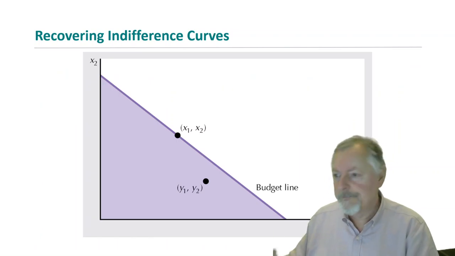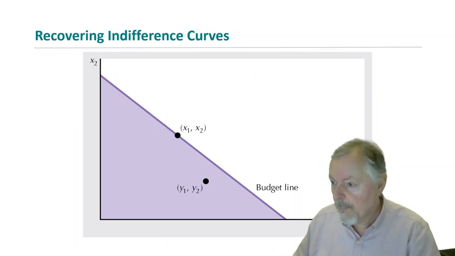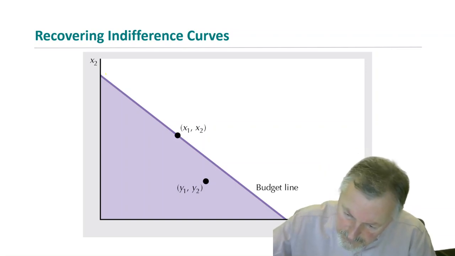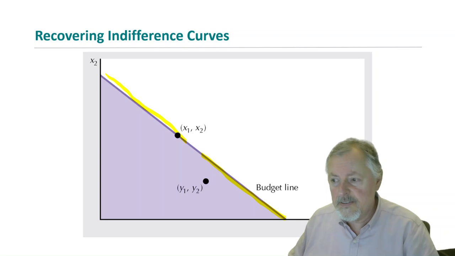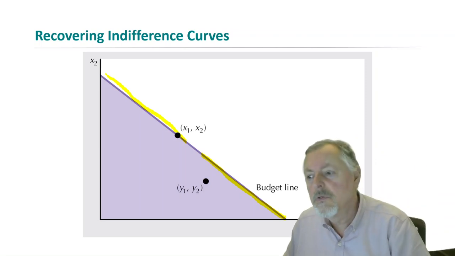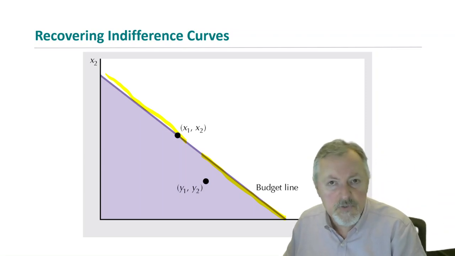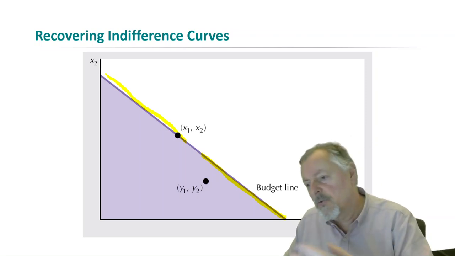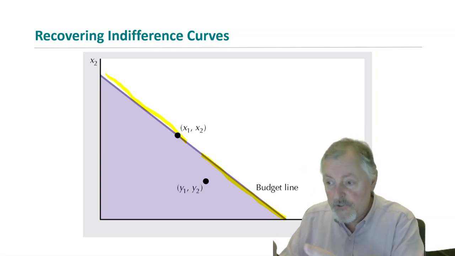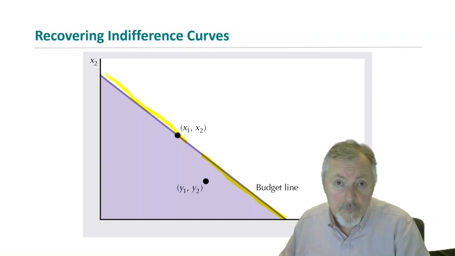Here's an example. Here's a person given their budget, given the relative prices. There are two bundles this person could choose from. You can have the X bundle or the Y bundle. Visually, we can see both are affordable.